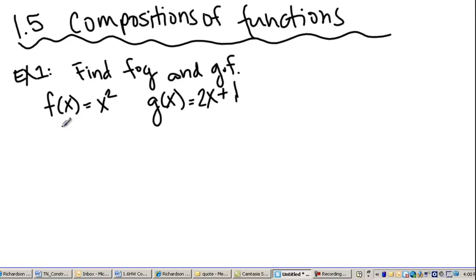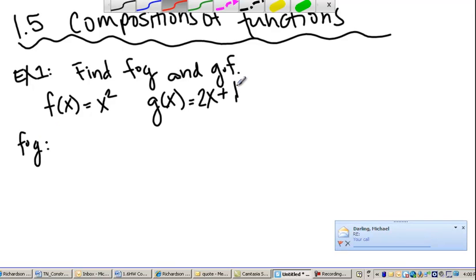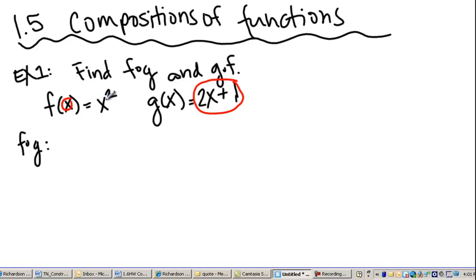First step, to find f of g, our g value is basically our new x value. So what we're going to be doing is substituting 2x plus 1 in place of x here and here. So we have f of g of x.